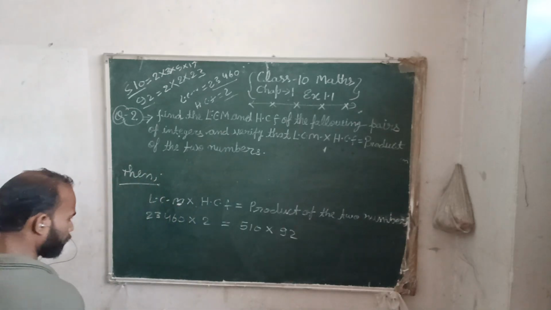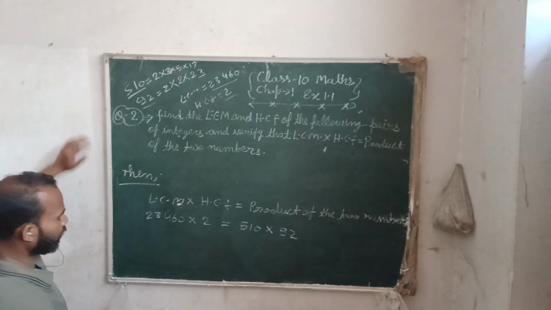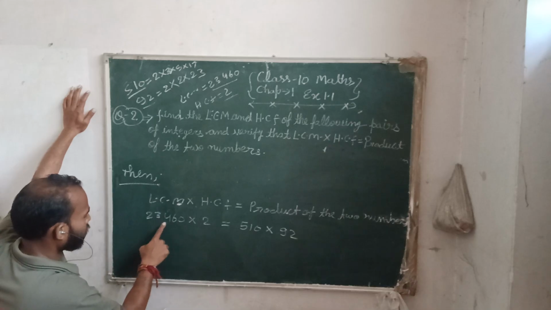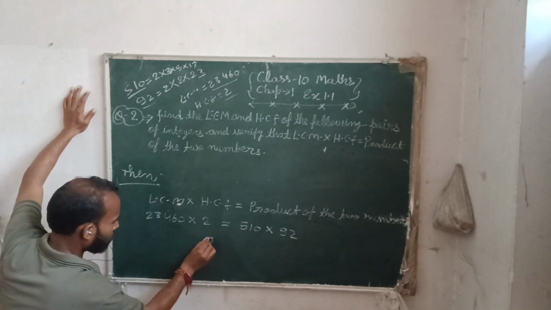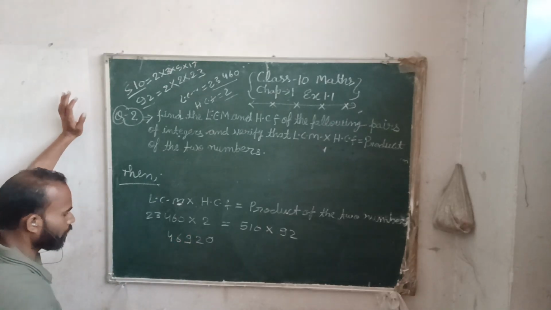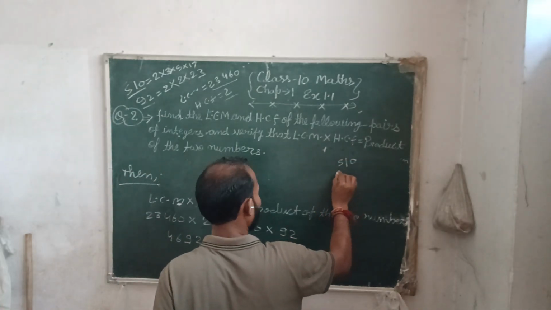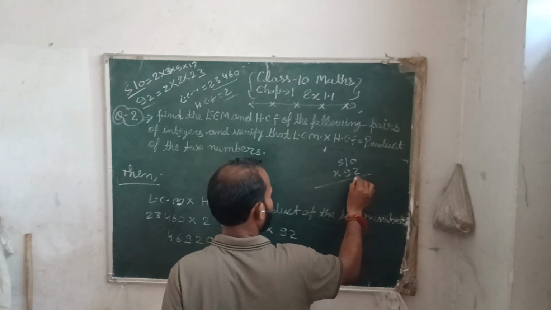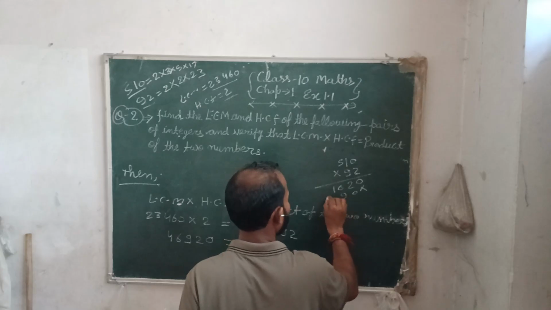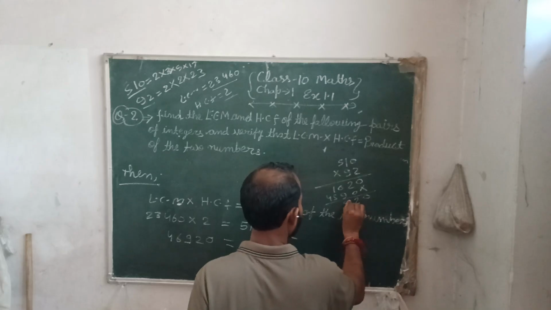Okay, my dear students. Now I will do the multiplication by 2 of 23,460. 2 sixes are 12, cut 2 carry 1, 2 fours are 8 and 1 is 9, 2 threes are 6, 2 twos are 4. Now 510 into 92: 2 ones are 2, 2 fives are 10, 9 ones are 9, 9 fives are 45.